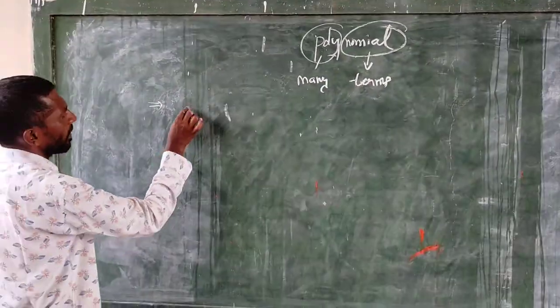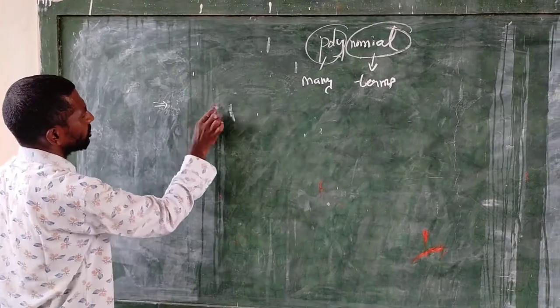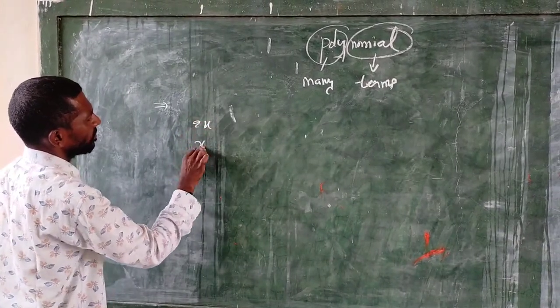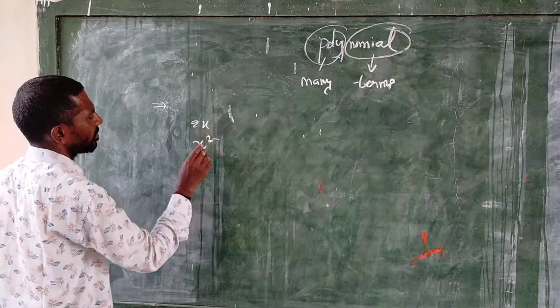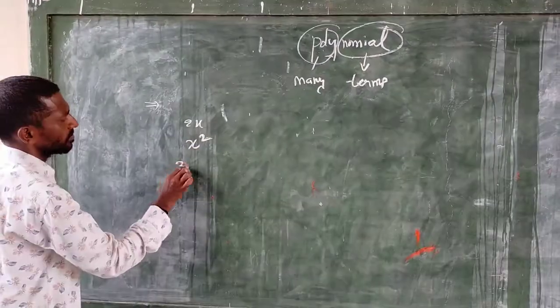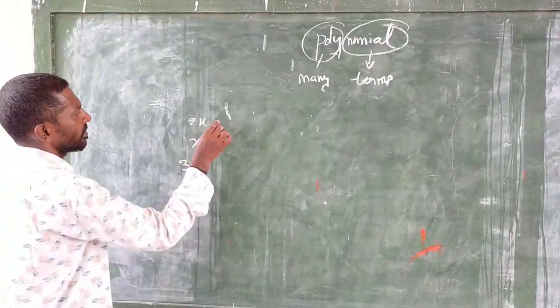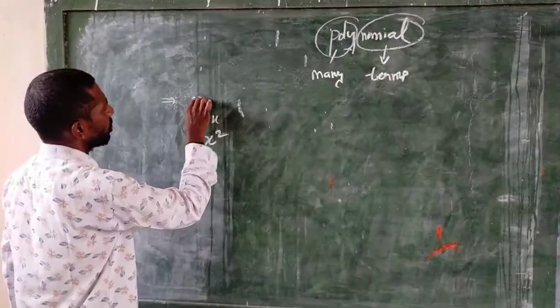For example, 2x is one term, and x square, 3x. This one is a monomial.